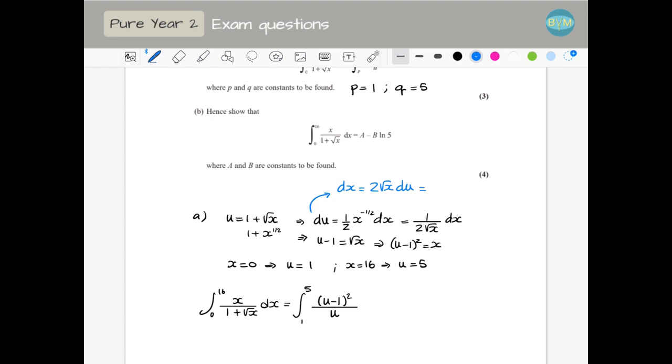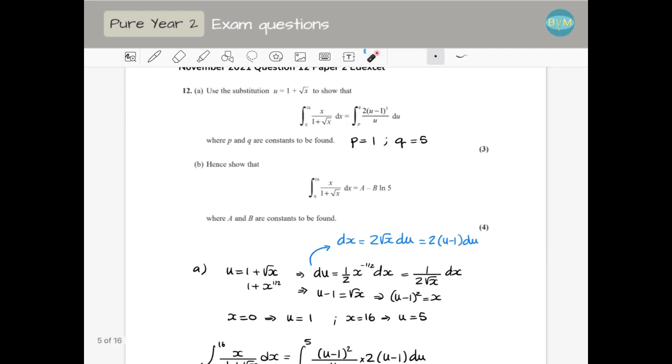But I want everything in terms of u, so root x is u minus 1. So this is 2 u minus 1 du. And that's what I'm going to substitute this dx by. So I'm going to write 2 u minus 1 du.